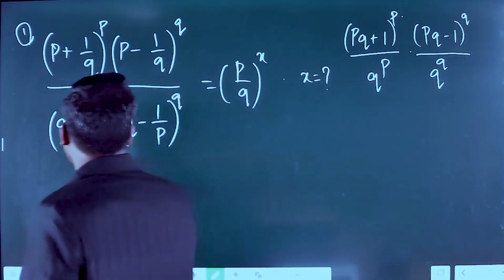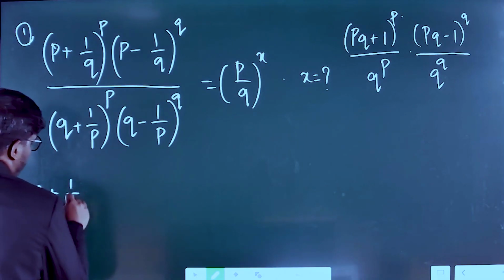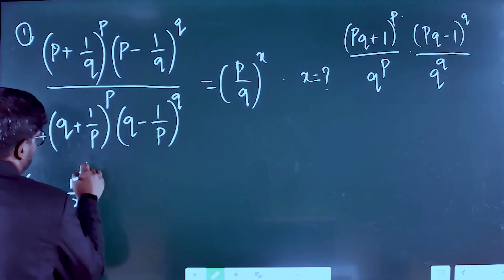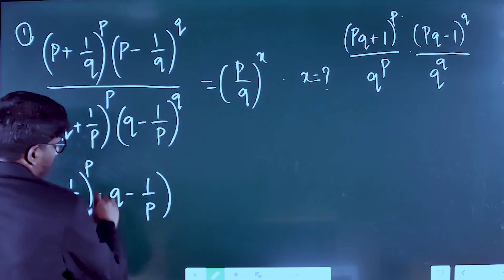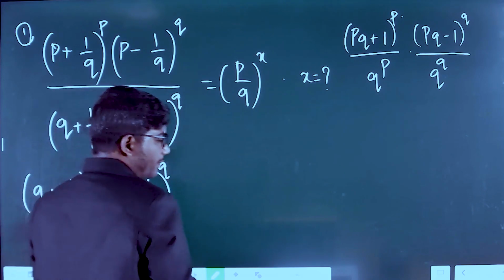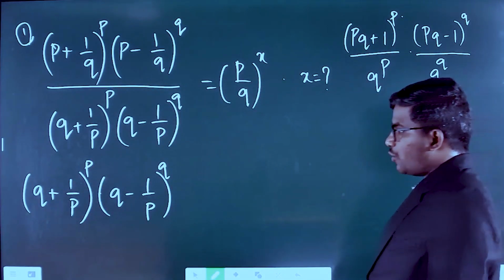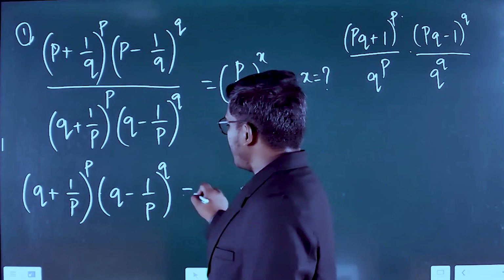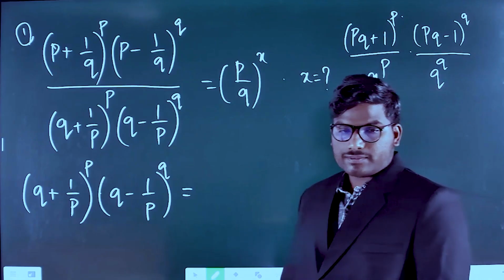Next, coming to the denominator is Q plus 1 by P whole power P into Q minus 1 by P whole power Q. Again, we need to take a proper LCM, right?